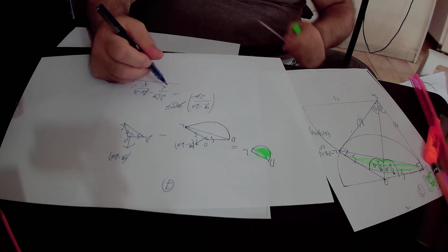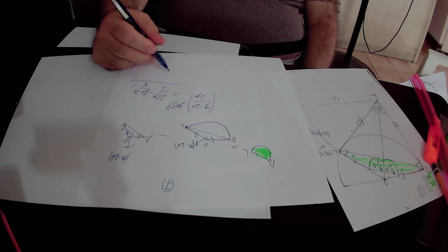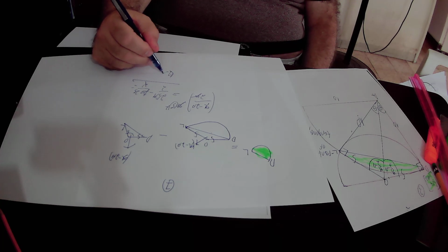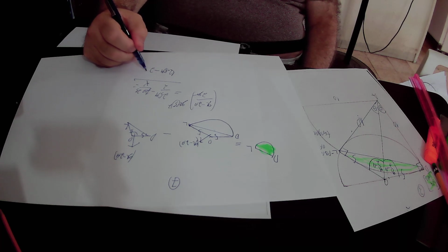So the area of sector DOL, 25 over 2 is 12.5. So this expression equals in total 12.5 pi minus 25 theta.